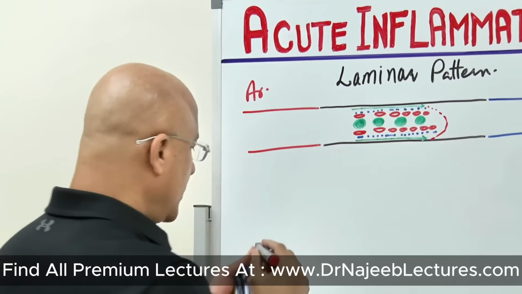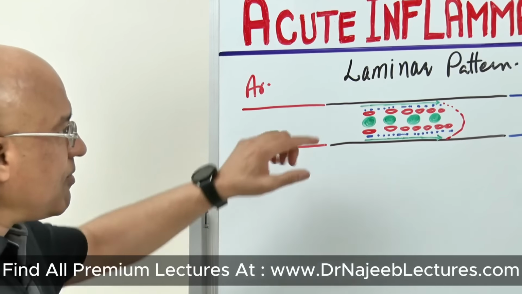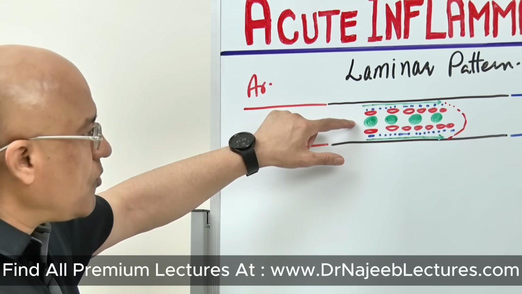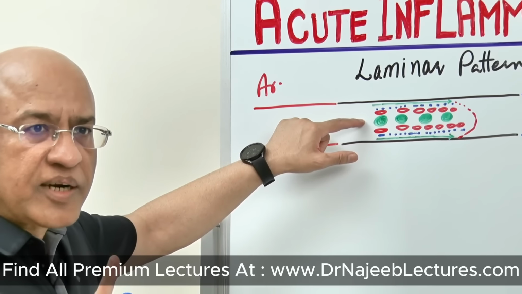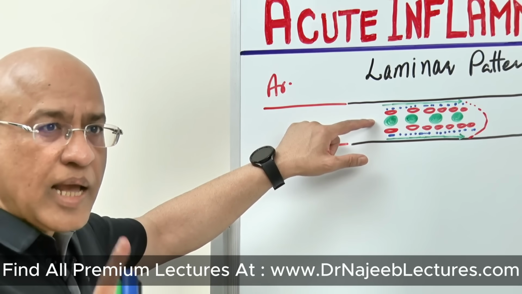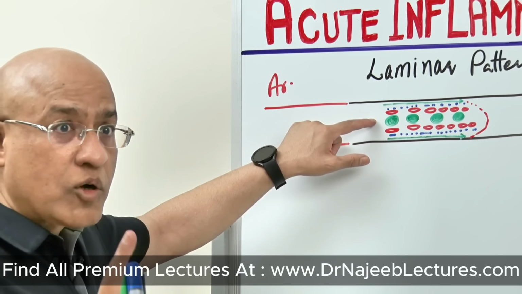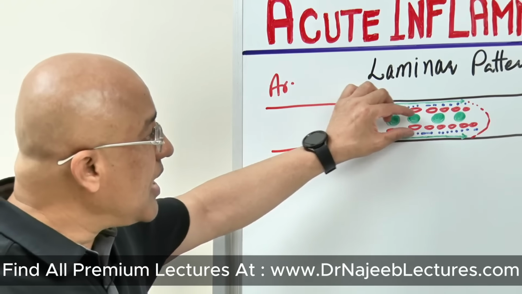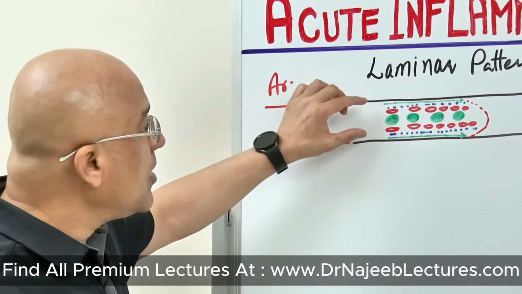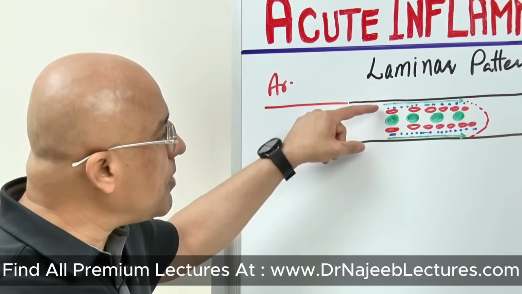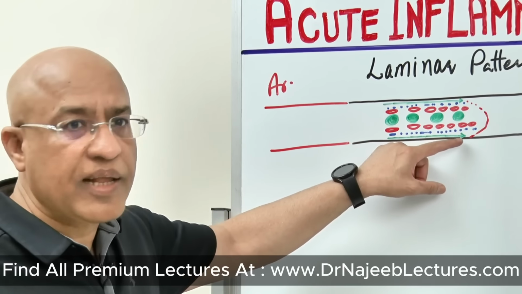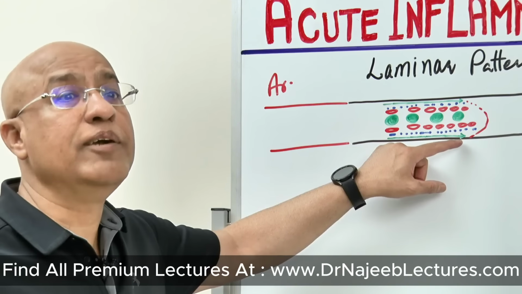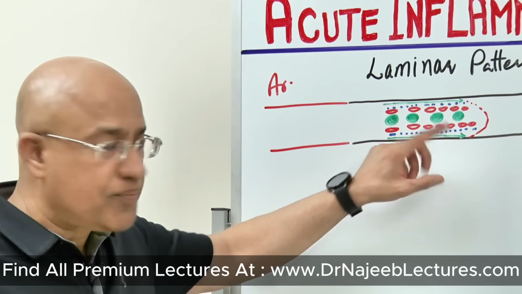Again, I will repeat. The first principle you should understand is that in healthy tissue, laminar blood flow contains the cellular component in central axial flow and cell-free plasma in the most peripheral area, in touch with the endothelium.